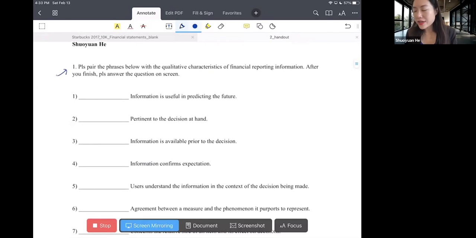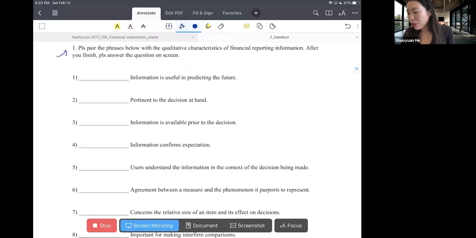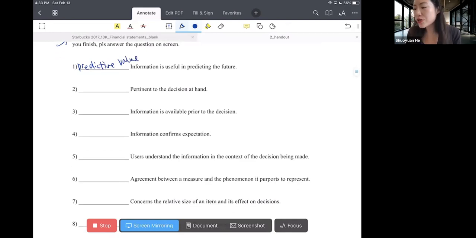So the first question here is to pair the phrase below with a qualitative characteristic of financial reporting information. What is the first one? Information is useful in predicting the future. That is predictive value. The second one, pertinent to the decision at hand. That is relevance.